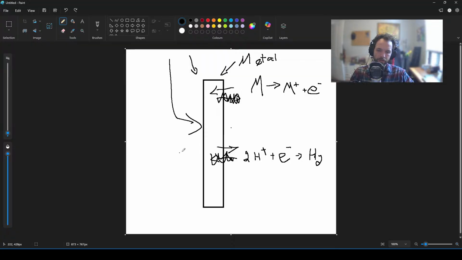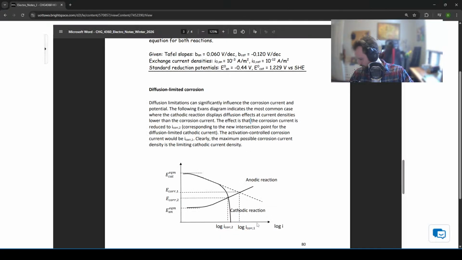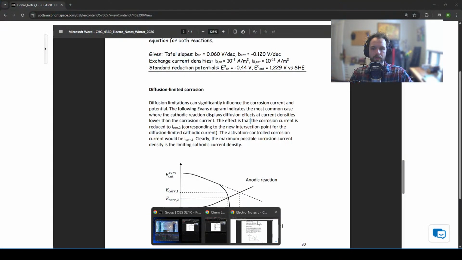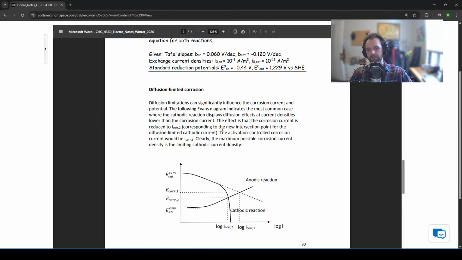That's the cathodic. This is the anodic. Oh, that's a group. That's why it's being finicky.